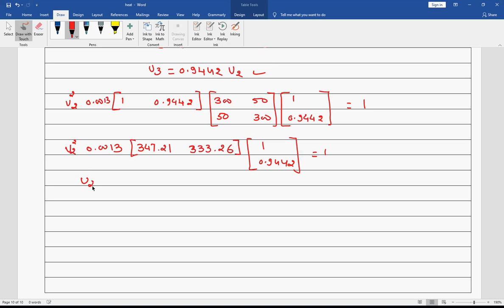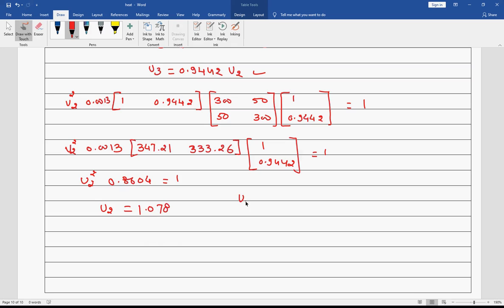So I got U2 squared times 0.8604 is equal to 1. So from this U2 will be the root of the answer. So I am getting 1.07078.